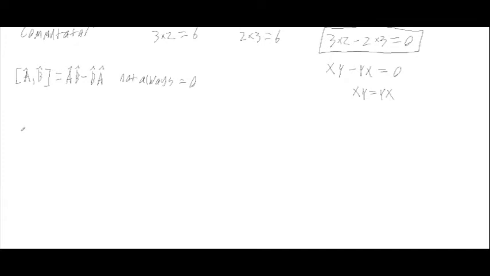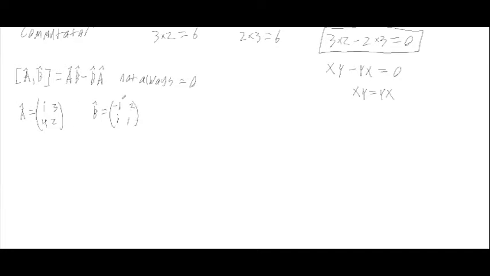So if I say that maybe we have A is equal to some matrix that I'll say is i, 3, 4, 2, and we'll say that B is equal to some matrix that is minus 1, 2, i, 1.